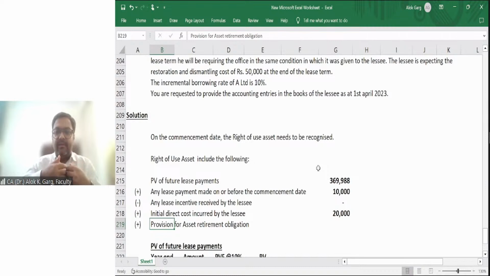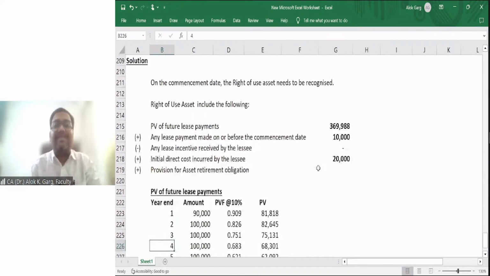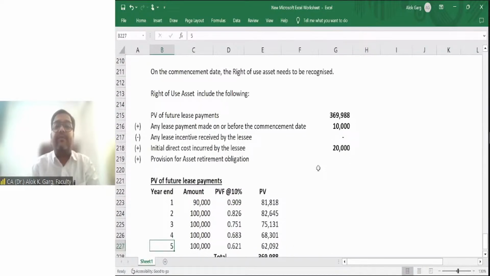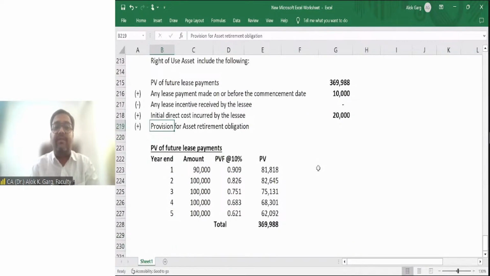Sitting today, you are estimating your outflow after 5 years. If you are expecting today that 50,000 rupees will be incurred after 5 years, what is the value as on today? So you have to credit this asset retirement obligation on the basis of present value of the future cash flow.